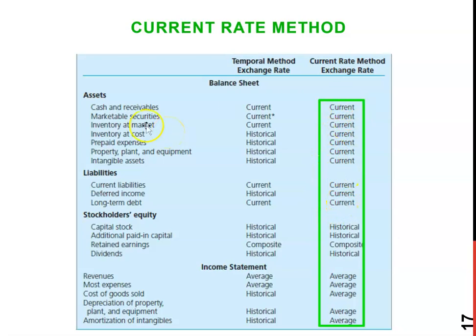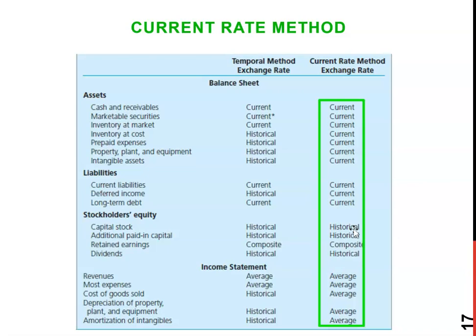When converting assets and liabilities under the current rate method, we use the current rate. But for the stockholders equity part, we use the historical rate, and retained earning is composite. After converting the asset side using the current rate, but the liabilities and stockholders equity side using different historical rates, and retained earning as a composite number, do you think the balance sheet will be matched? No, it will not.